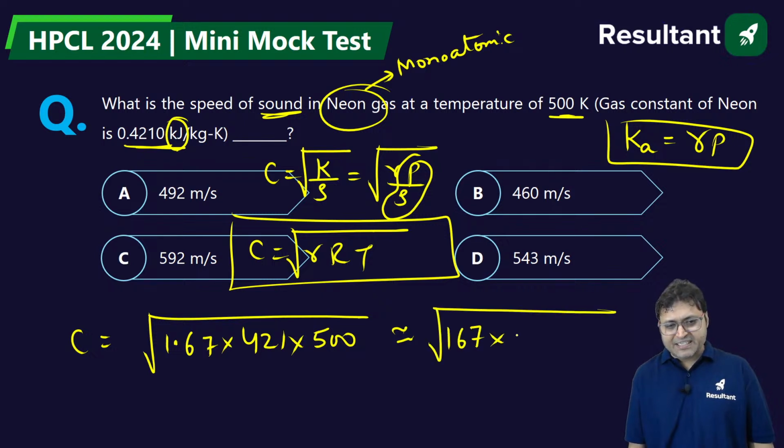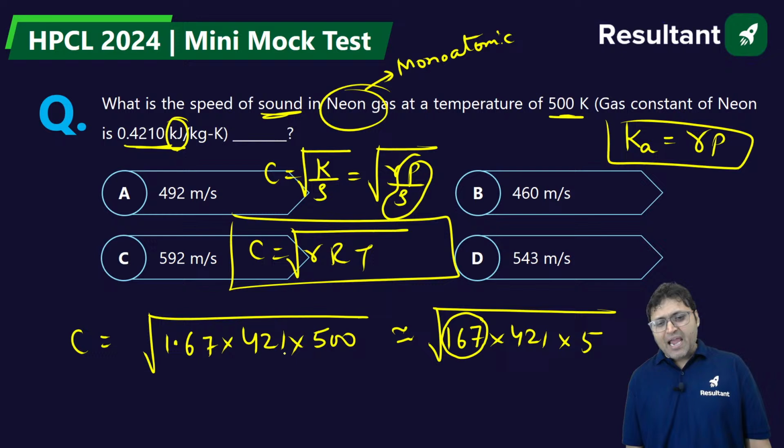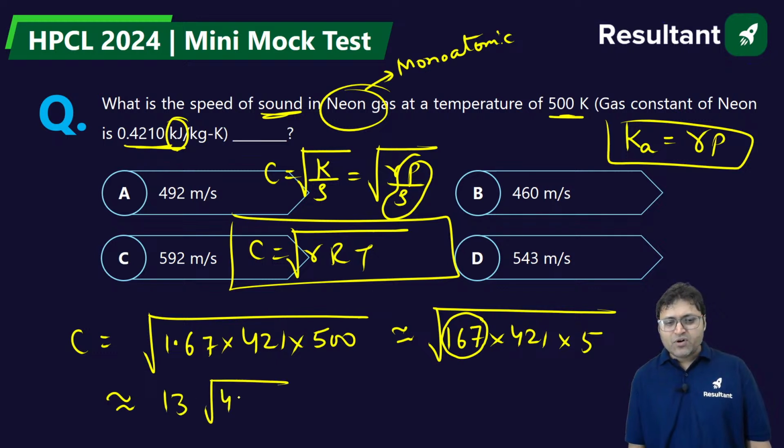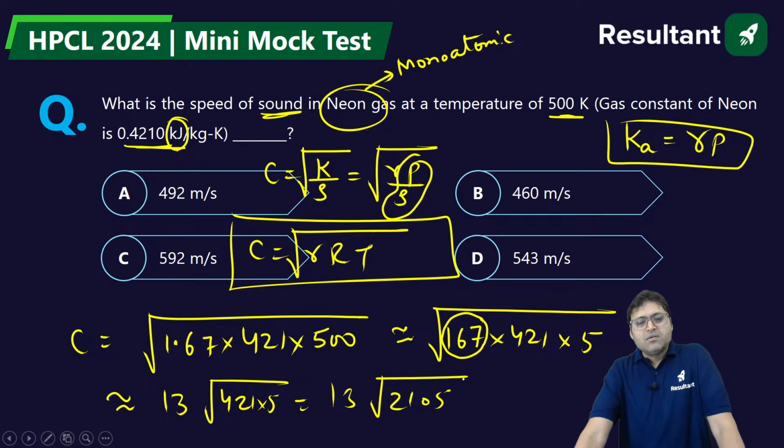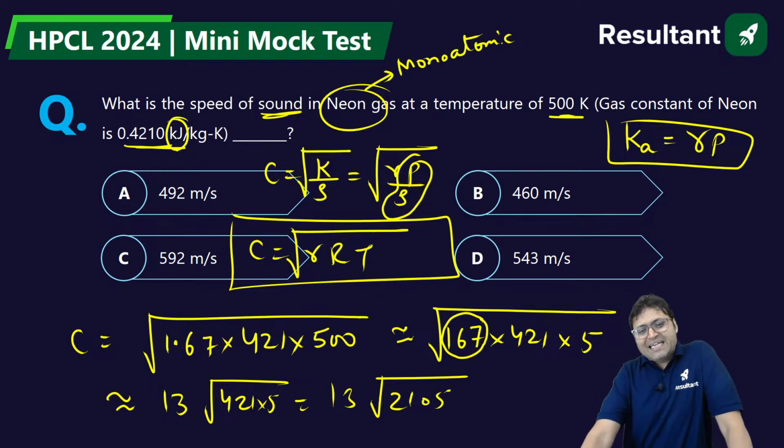We can say 167 into 421 into 5. 167 is almost 169 and it is 13 square. So 13 can be taken outside, under root of 421 into 5. And 421 into 5 is 2105.